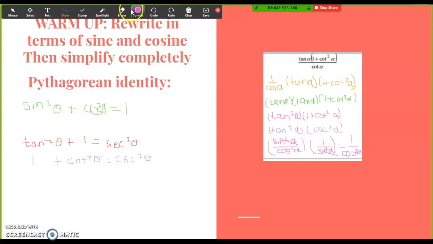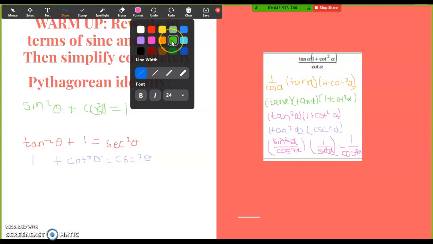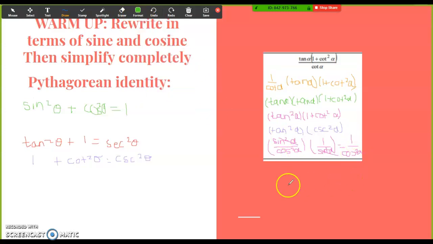And I want you guys to know that you can write this a couple of ways. You can write 1 over cosine squared of alpha as this; you can just leave it as this. Or we could recall with the Pythagorean identity that if we were to subtract sine squared over to the other side, we would have that the cosine squared of theta is equal to 1 minus sine squared of theta.